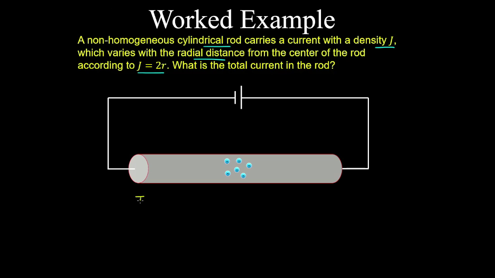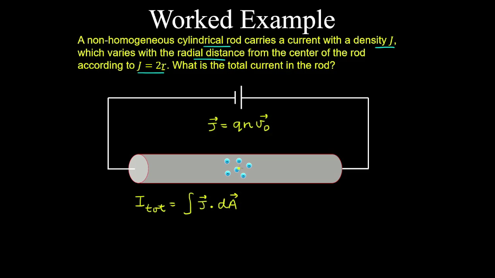So remember that the total current was equal to the integral of the dot product between the current density vector and the area vector of the rod. And remember, the current density was related to the drift velocity using the charge by the number of charges per unit volume by the drift velocity.